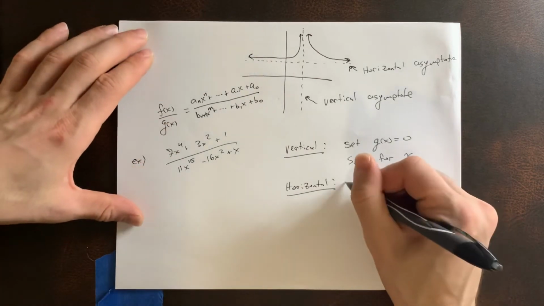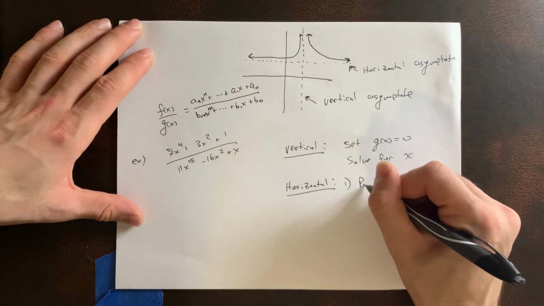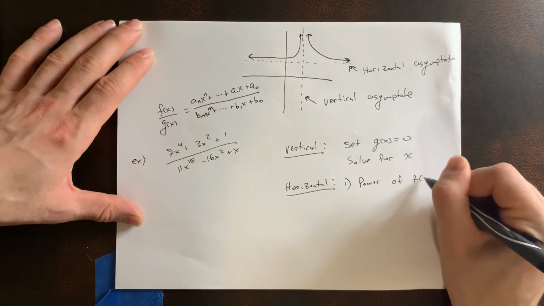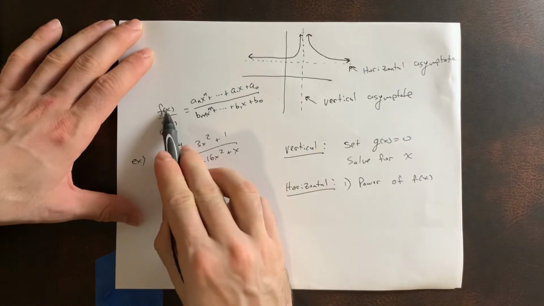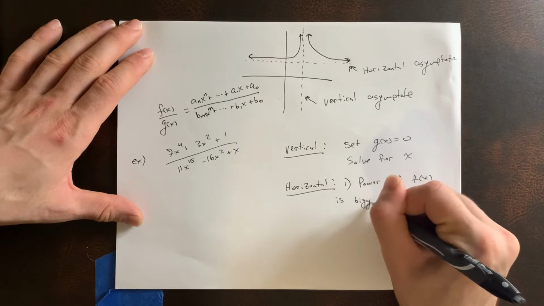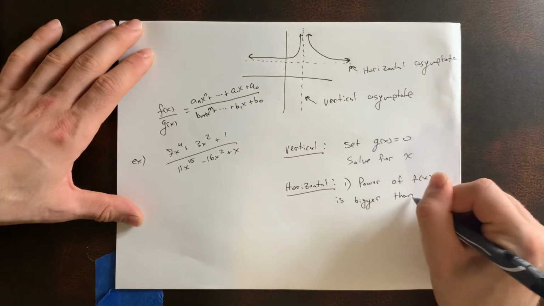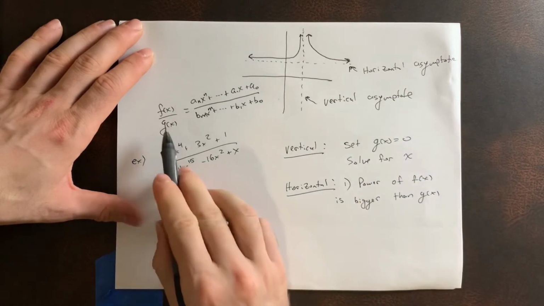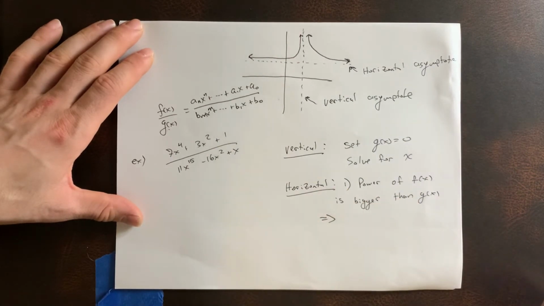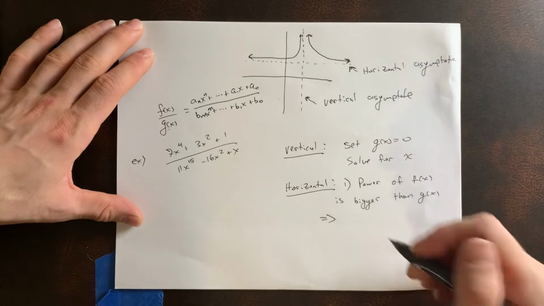But for this first case, let's suppose the power of f of x, being the thing on the top, is bigger than g of x, again g of x being the thing on the bottom. So this is going to imply that we have no horizontal asymptotes.